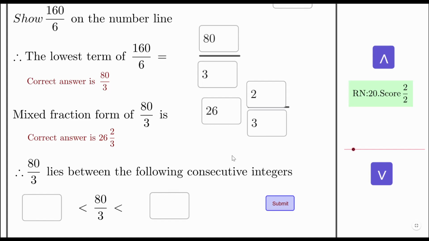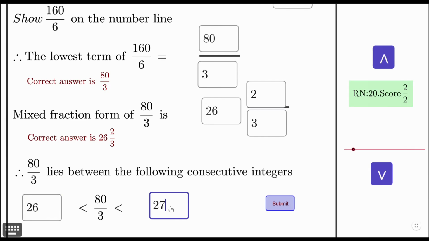Next question is we are going to show only four integers on number line. It is not always possible to show number lines starting from origin. So this 26 integer 2 by 3, this number lies between two integers 26 and 27.